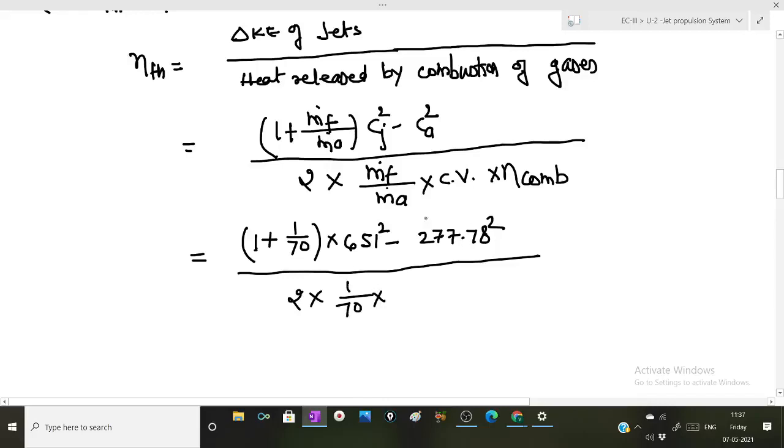Calorific value is 42 megajoule, so I will take mega into consideration, and combustion efficiency is 0.92.